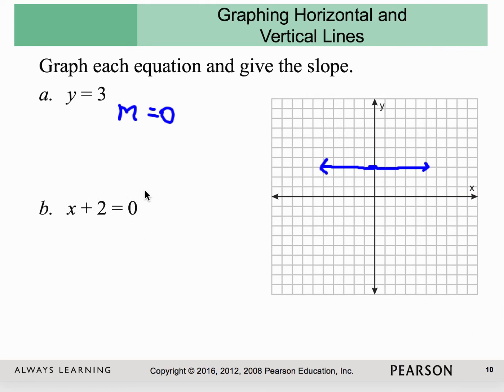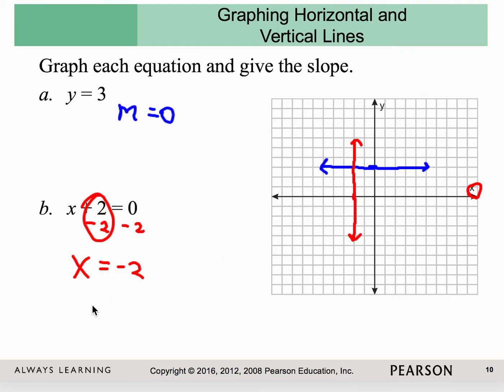This one, I also have to recognize it just has one letter. Oh, that means it's one of my special graphs. Let's solve it for the letter. I want it to be x equals -2. Now, here's my x-axis. So when x is -2, there's the tick mark that corresponds to when x is -2. So this is a vertical line.